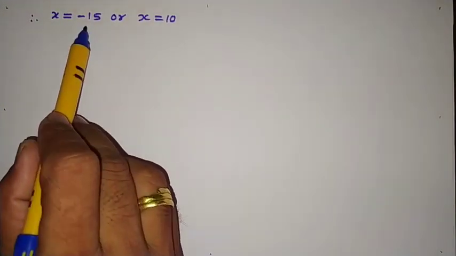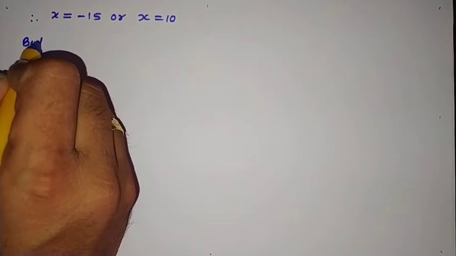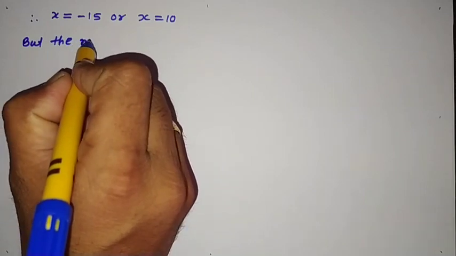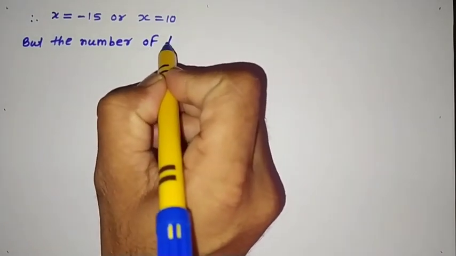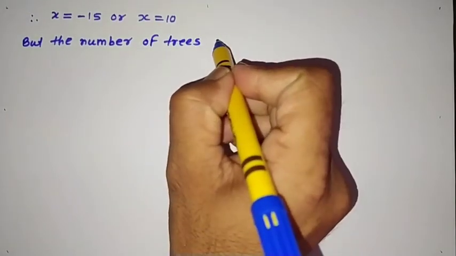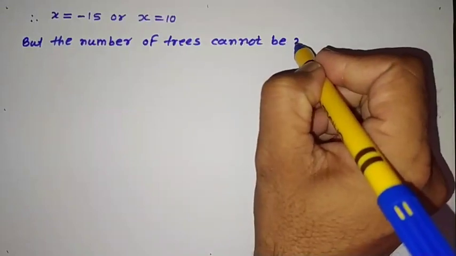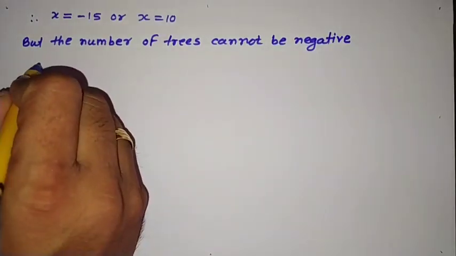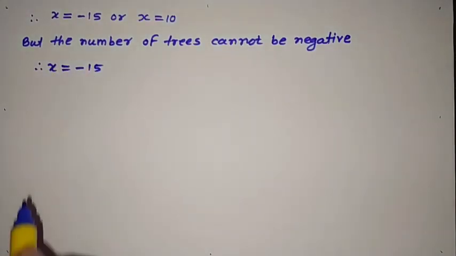Therefore x is equal to minus 15 or x is equal to 10, but the number of trees cannot be negative, therefore x is equal to minus 15 is unacceptable.